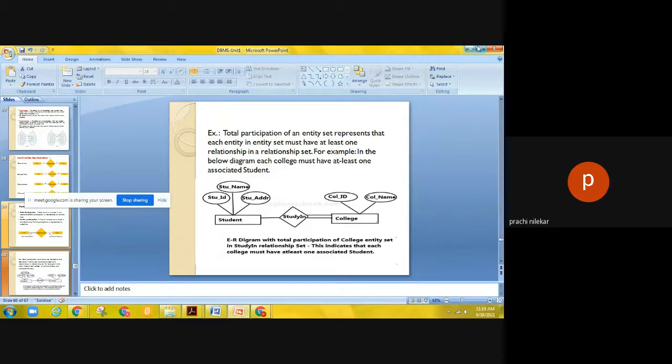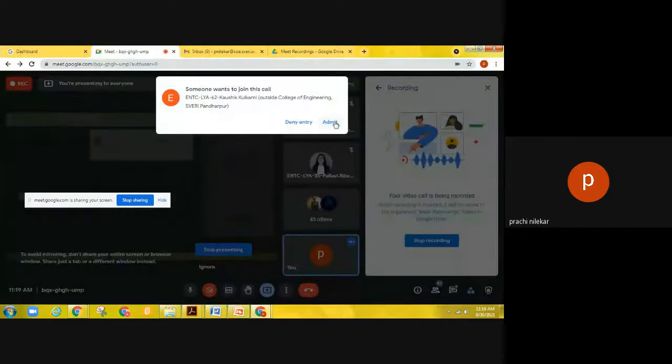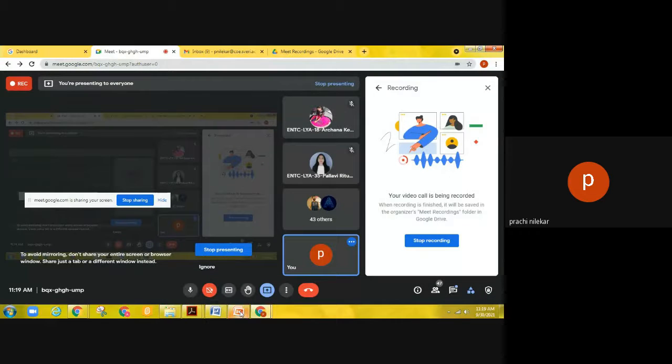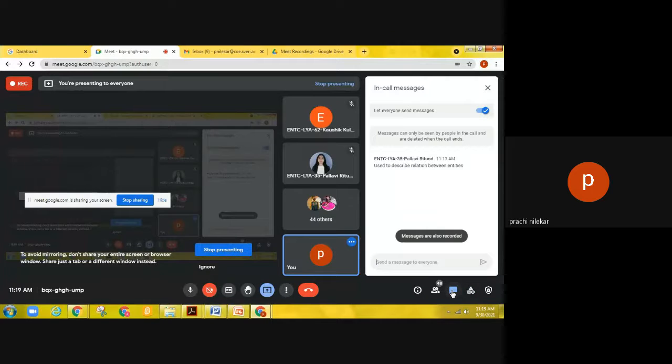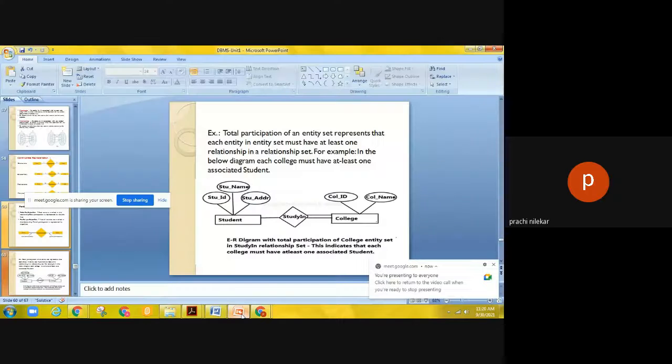Let's see this concept with an example. Total participation of an entity set represents that each entity in the entity set must have at least one relationship in a relationship set.